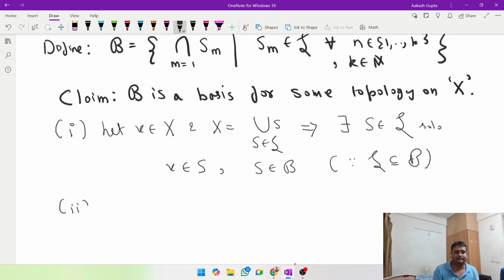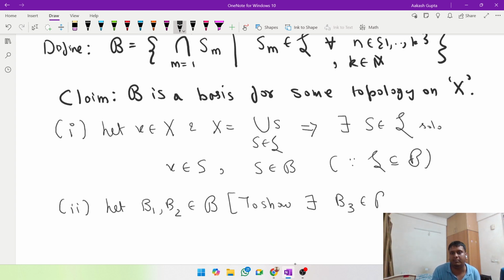Second, we have to take two members of script B. To show: let x be an arbitrary point; then there exists a member B3 in script B such that x belongs to B3, which is contained in B1 intersection B2.